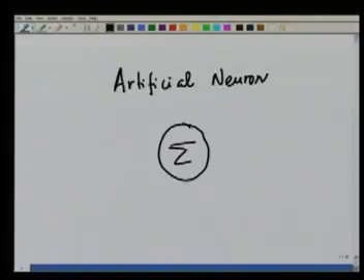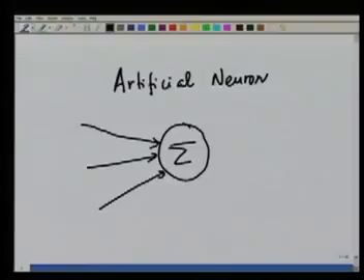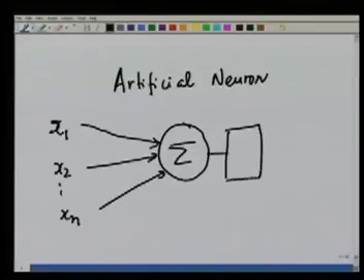At this output node, whatever signals reach, let my signals be x1, x2, xn, and then I put an activation function here, and then I have y.